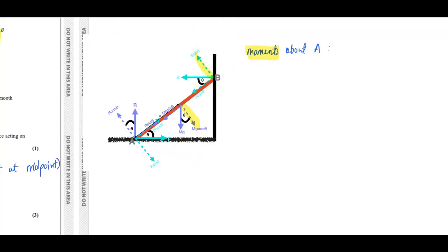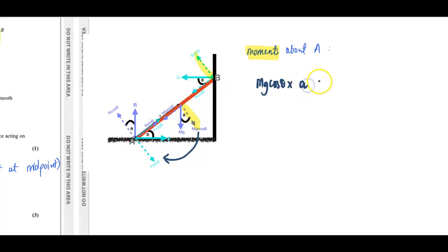So let's do that. Can we say what is moment? Moment is force times perpendicular distance. Okay, so we have to check the direction of this force. So mg cos theta is going clockwise. So we can write mg cos theta times the distance, because it's a weight and the rod was uniform, so this distance is going to be a.